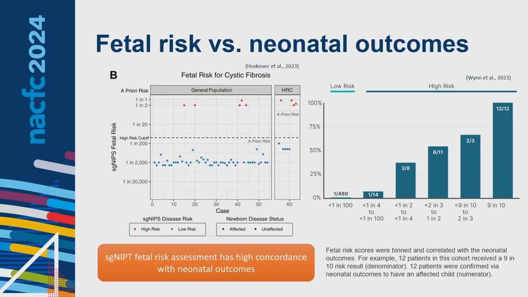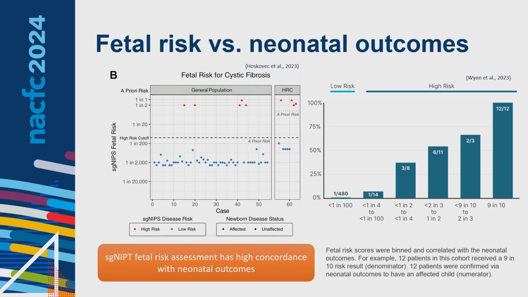And you might ask, well, that sounds really cool, but does it work? And the answer, in short, is yes. So single gene NIPT, there have been 2 large outcome studies where they've followed up with any high-risk result that was issued to see was that concurrent with a neonatal outcome.